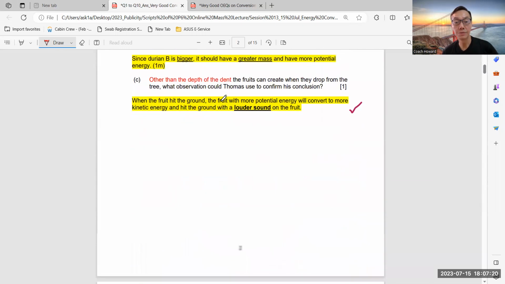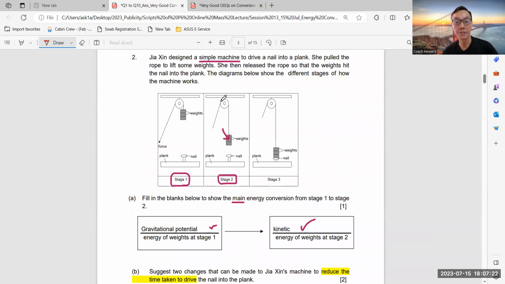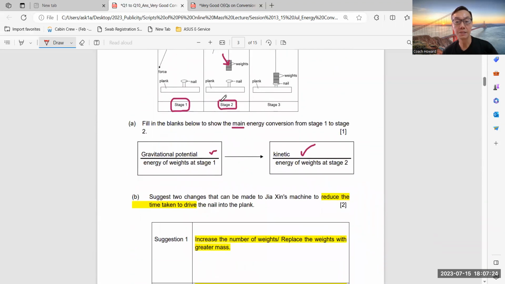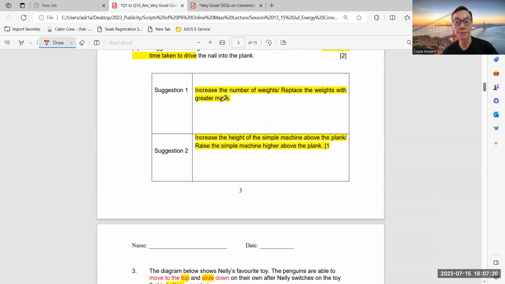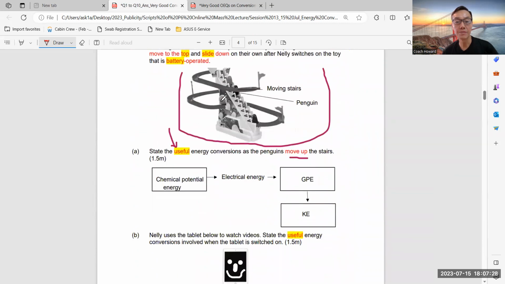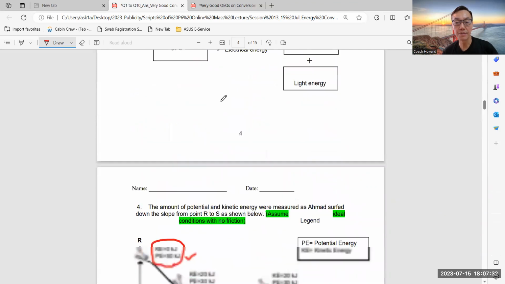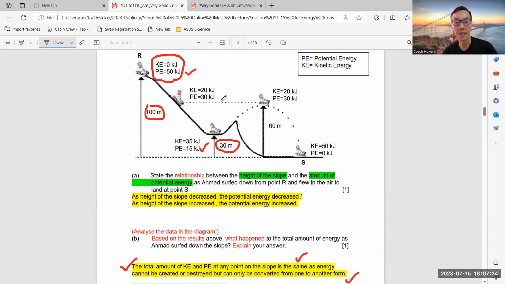Question 2 is about conversion of energy, and then suggestions to improve that. And then this traditional penguin toy, conversion of energy, and then this sliding down part.